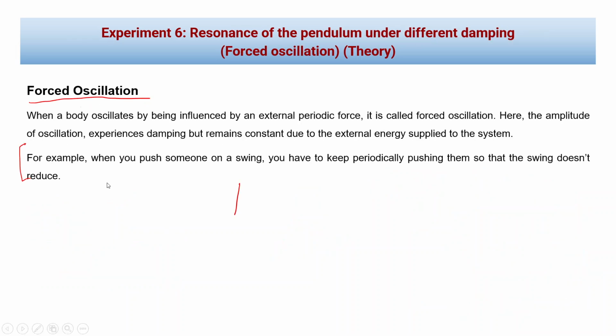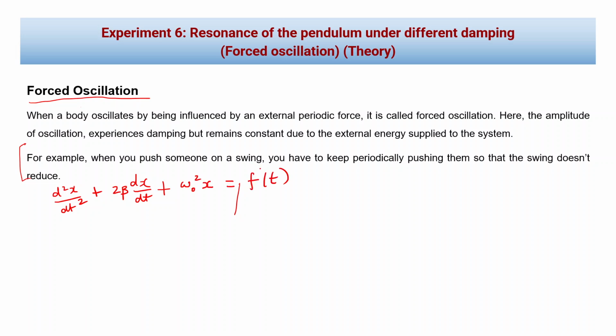Now the differential equation, the equation of motion for forced oscillation, will be given in this form: d2x by dt squared plus twice beta. This is the damping term again. When it's free oscillation, anyway we don't need to give it anything because it will not stop, but here the damping term is there, and we give this as the natural frequency.